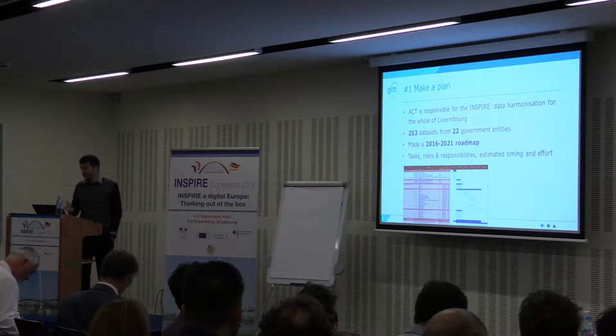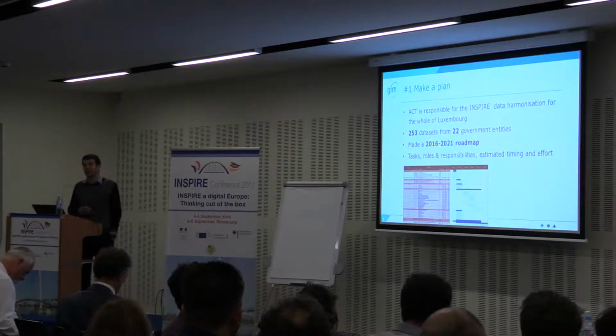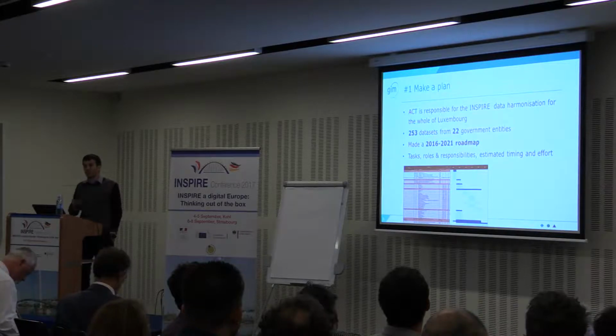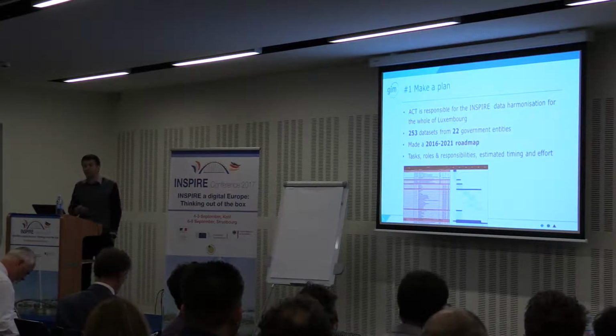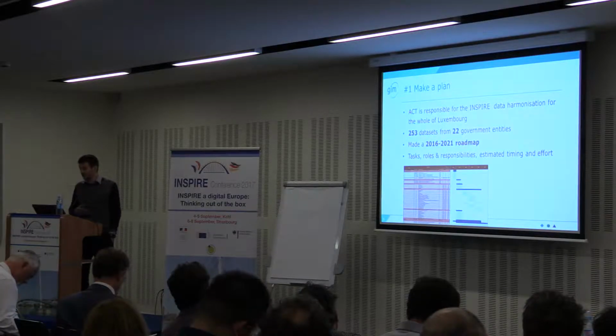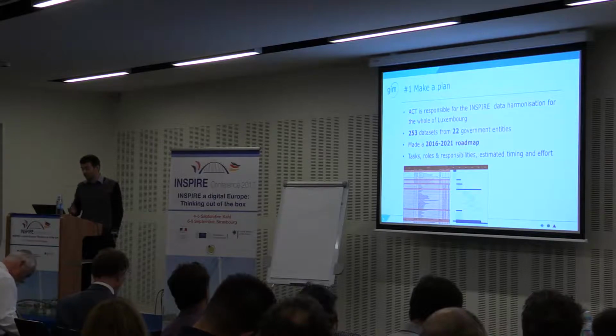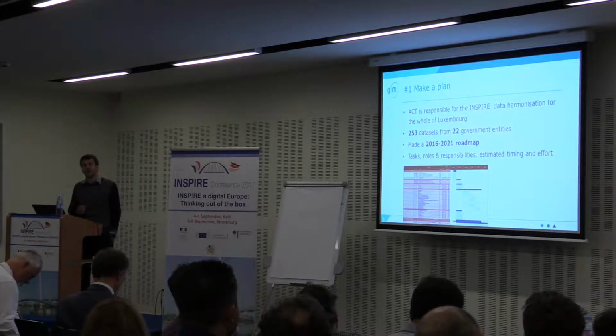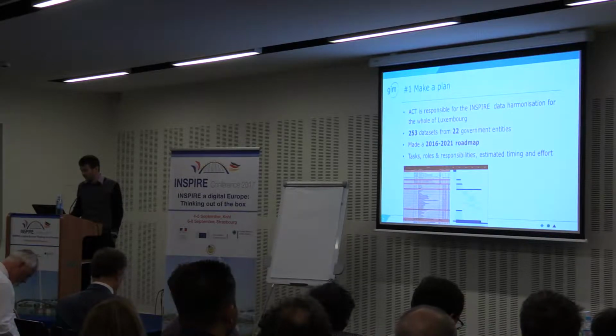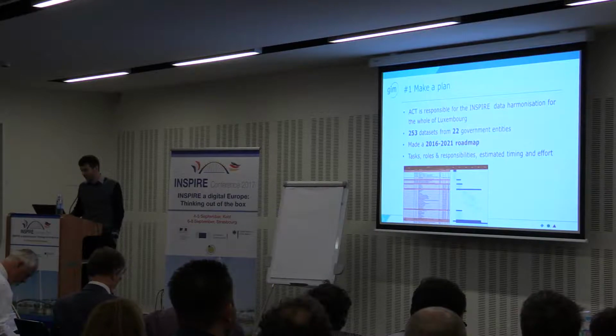I think it's very interesting to make a plan, just to prepare. And in the case of Luxembourg, because we could do this for the whole country, it was also a very useful exercise. During this process, we had many interviews with the data producers, and it also helped to increase the knowledge about Inspire and what is required from it.